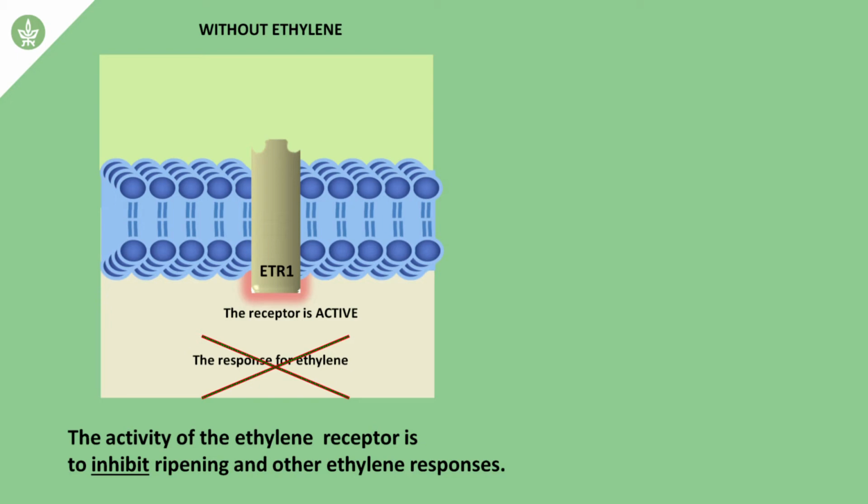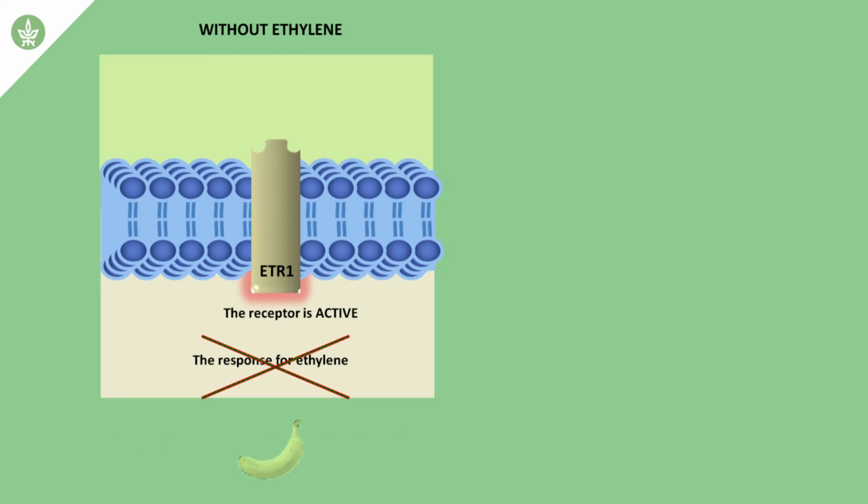These receptors are on, they're communicating information, but what they're communicating is something negative. They're inhibiting the ethylene response. What's the ethylene response? For example, fruit ripening or elongation in the dark. So in the absence of ethylene, the ethylene receptor is turning off the ethylene response pathway.